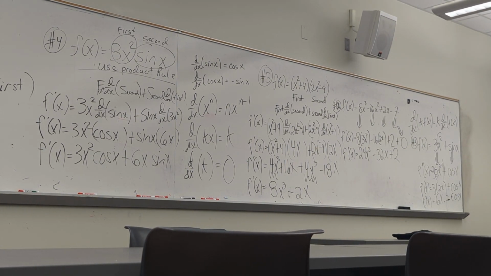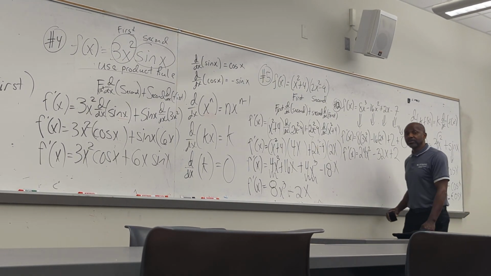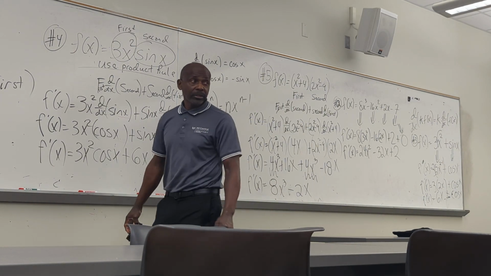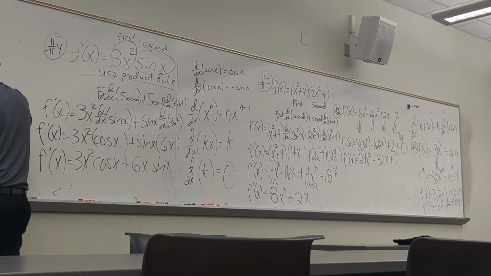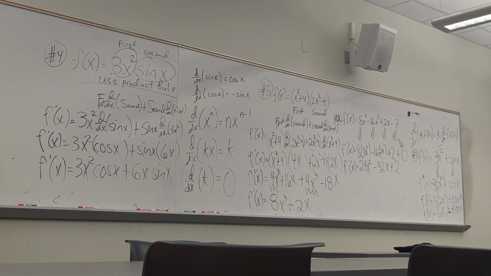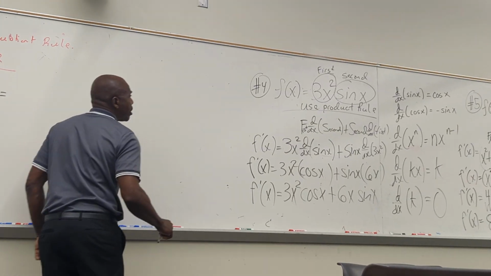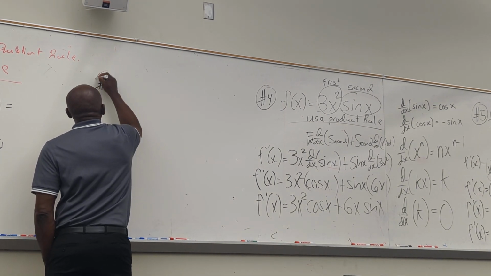And why am I using the product rule, class? Because it's multiplication. We good? There's so much on the board. So let's go to number 6.